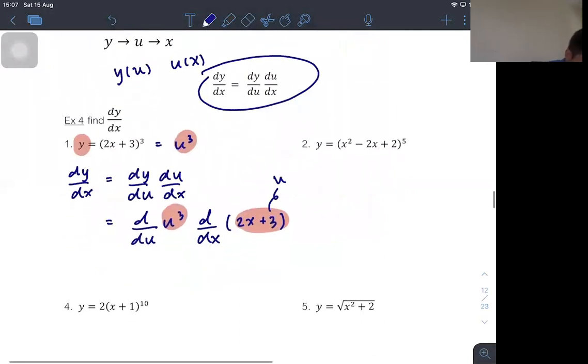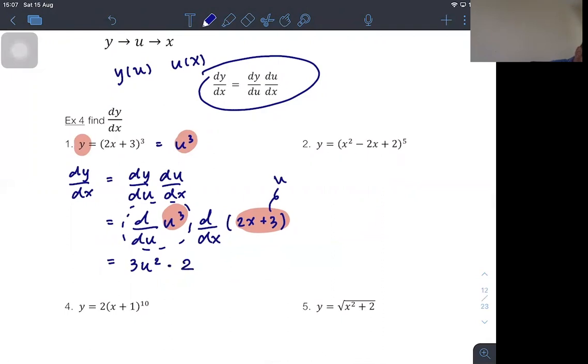So when we work on this, for the first differentiation, I will come up with 3u squared, and then we times by diff of 2x plus 3, so that we have 2.